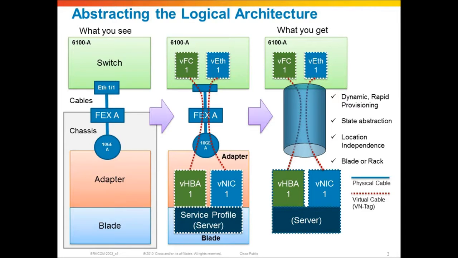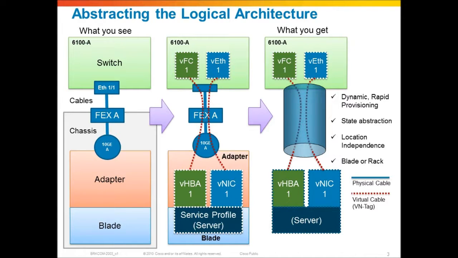So this is important because it provides, of course, dynamic provisioning, rapid provisioning, because we don't have to connect physical cables to stand up a service anymore. The physical cables are connected at the very first implementation of the system, and now all of the actual standing up of servers is done through this virtualization, which can be done automatically through dynamic provisioning at UCS Manager.